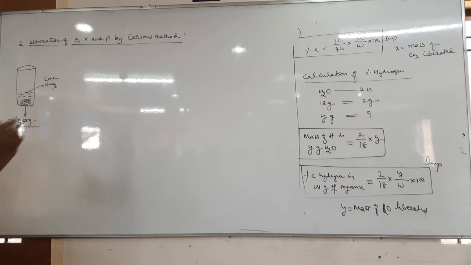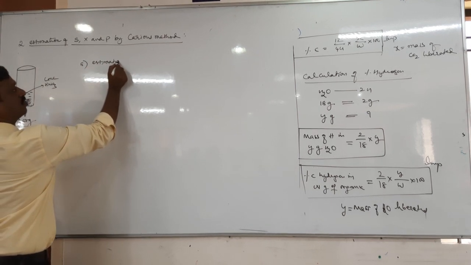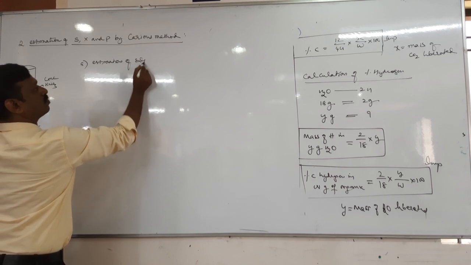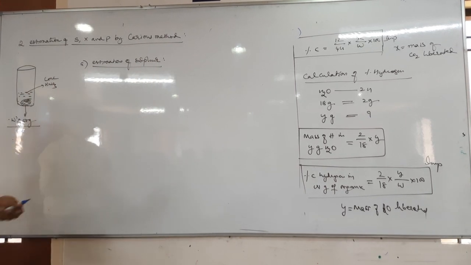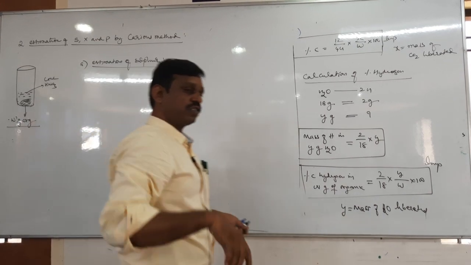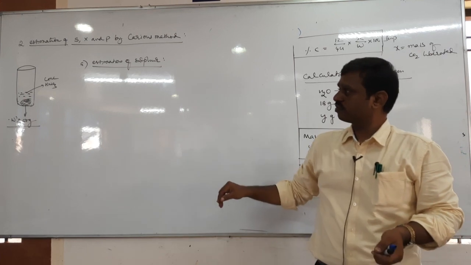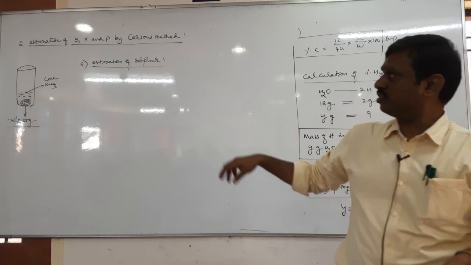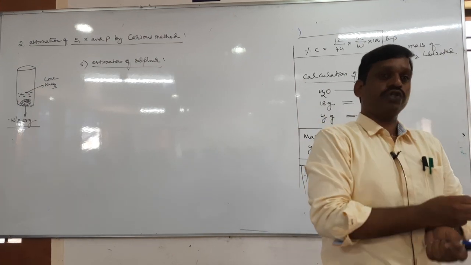Now let us take the estimation of sulfur. A known mass of organic compound, W gram, is treated with concentrated nitric acid in a Carius tube.